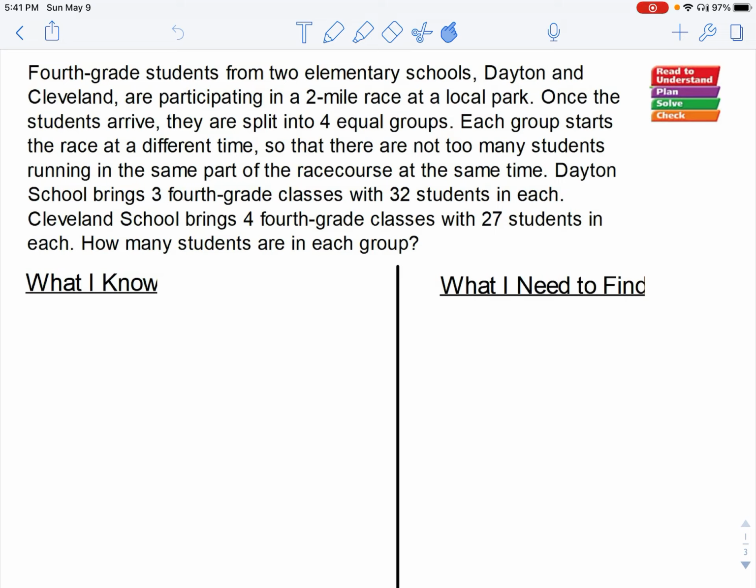So let's go ahead and underline our question here. How many students are in each group? Now we have a better understanding of what the problem is and what we need to find. And actually we can do what we need to find together right now, based on that question it asked. We know in the end we want to know how many students are in each group.